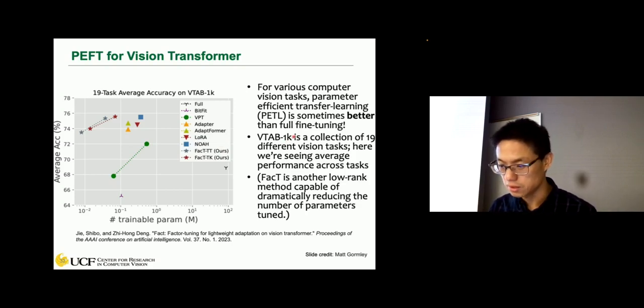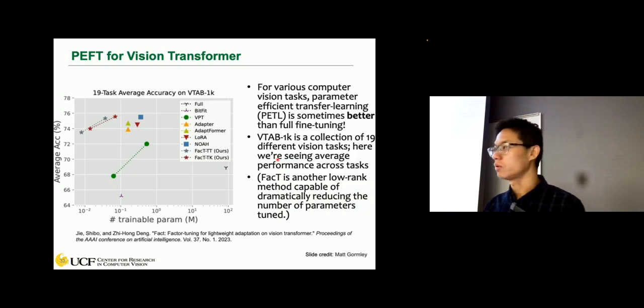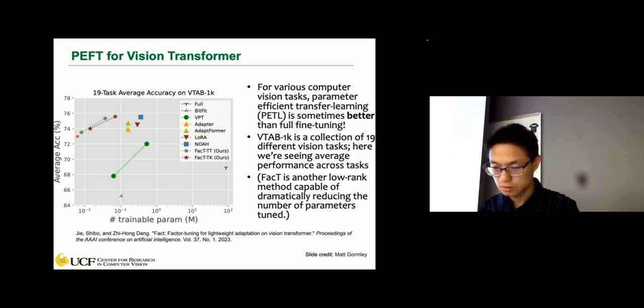But VTAB-1K is a very diverse dataset with 19 different vision tasks. If we test on this dataset and get the average performance, it will give us a more concrete and informative conclusion. Here is the graph showing the performance of different methods.